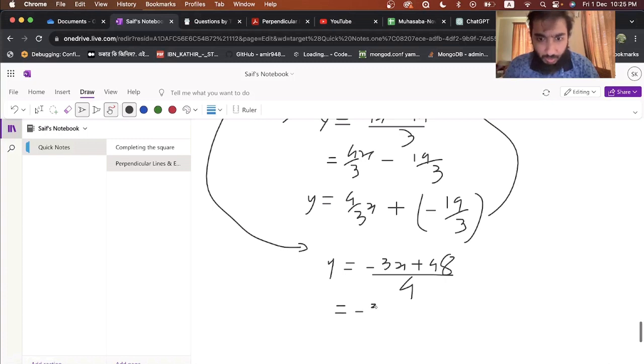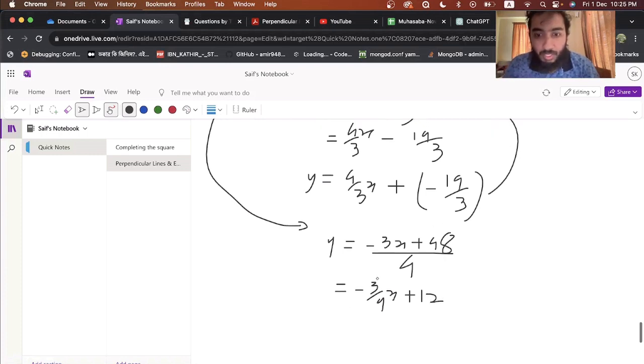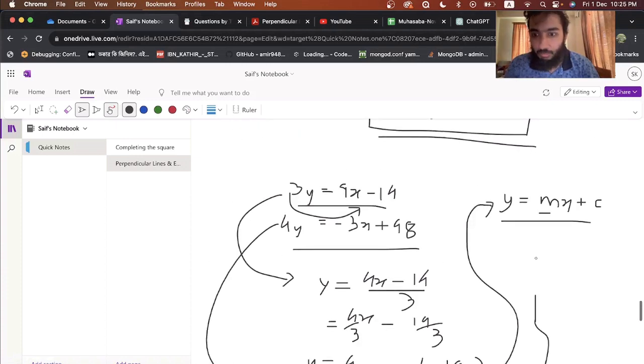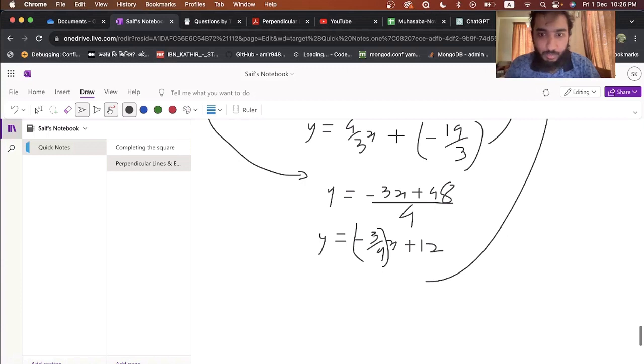So minus 3 by 4 x plus 48 by 4, which is 12. As you can see, I have got the same form from the second equation. I've written both equations in y equals mx plus c format.